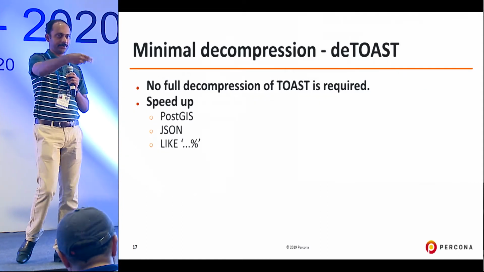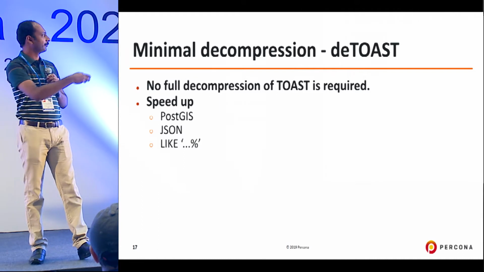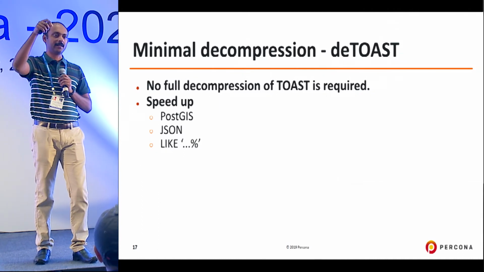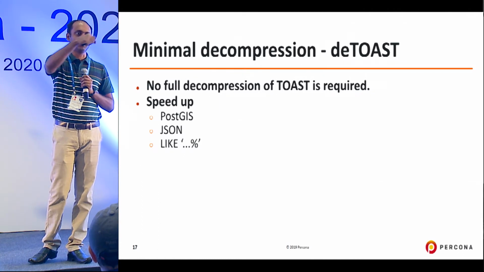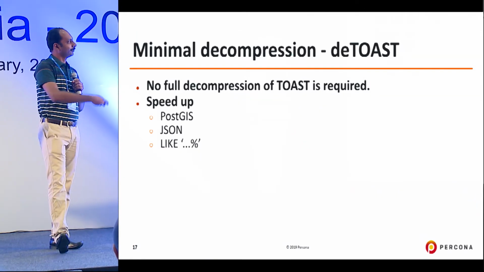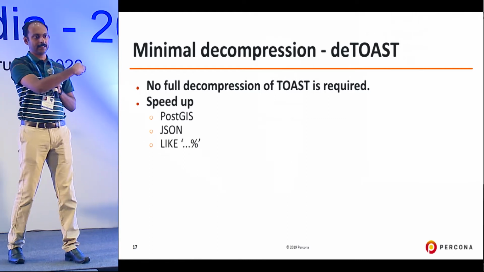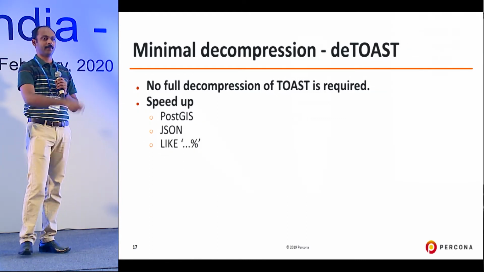Based on your query, Postgres will decompress only up to that point. So if you are searching for a field at the beginning of the JSON, for example JSON headers, only that header part will be decompressed. You can test your case and see the performance improvement.